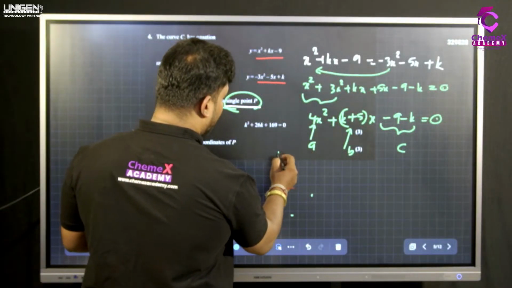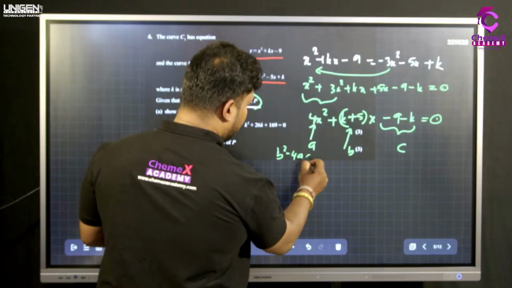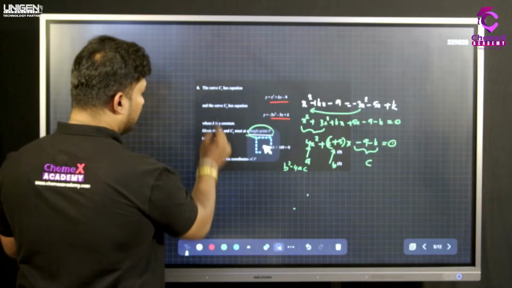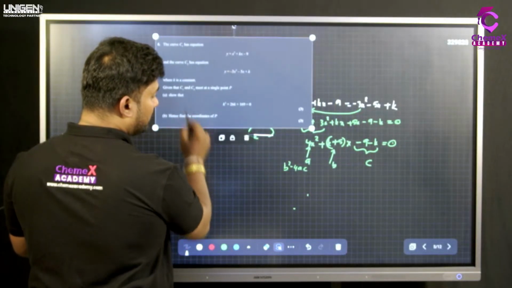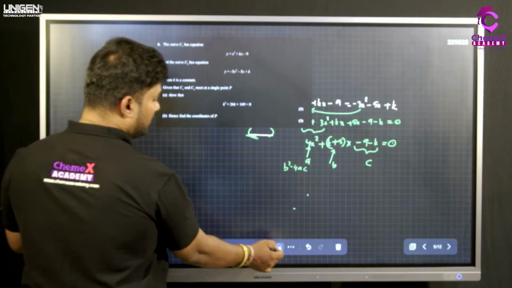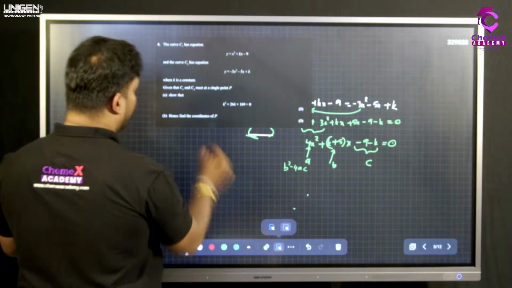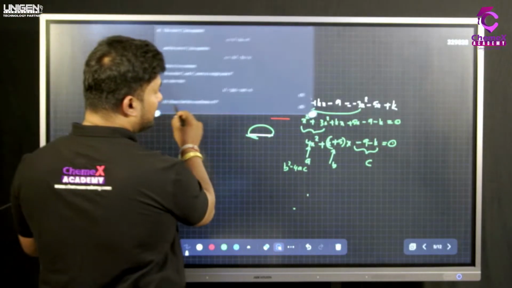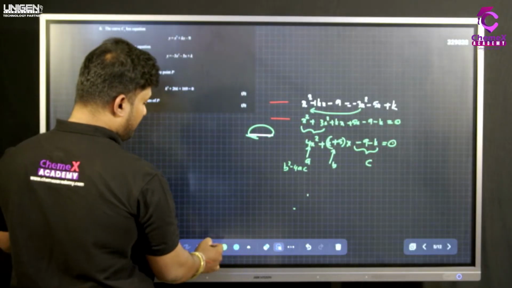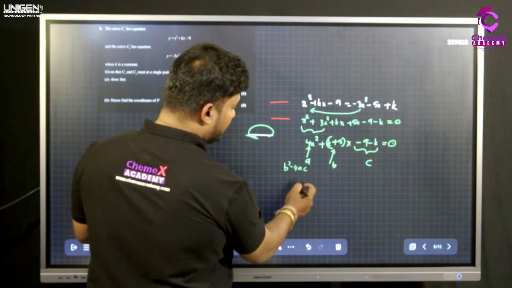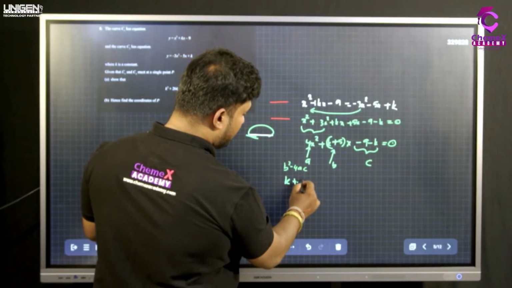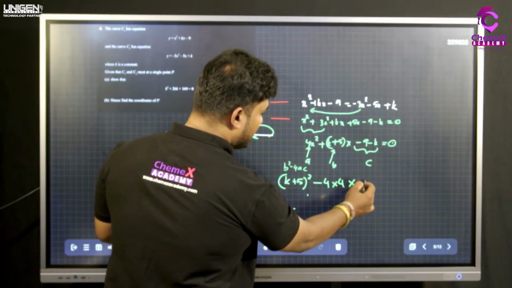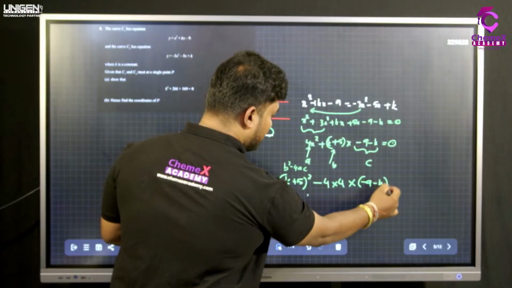So if I use that formula, b squared minus 4ac is equal to what? b squared is going to be (k plus 5) squared, minus 4 times a, which is 4, times c, which is minus 9 minus k, equals 0.